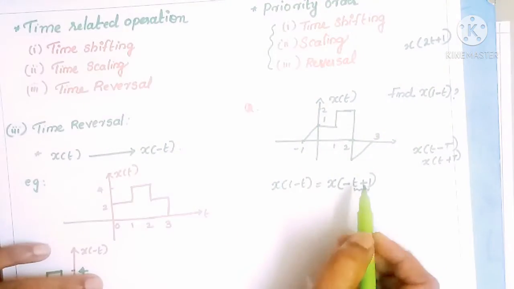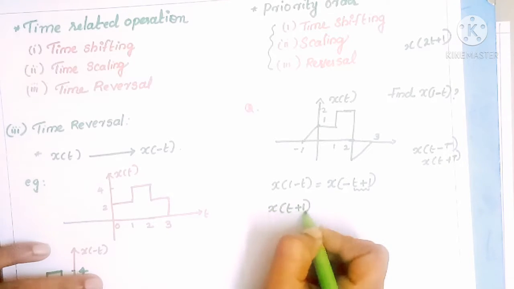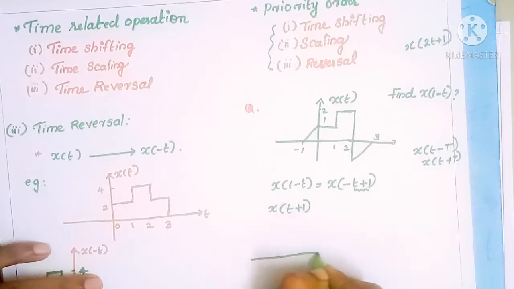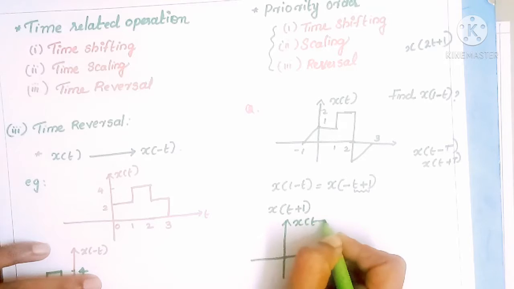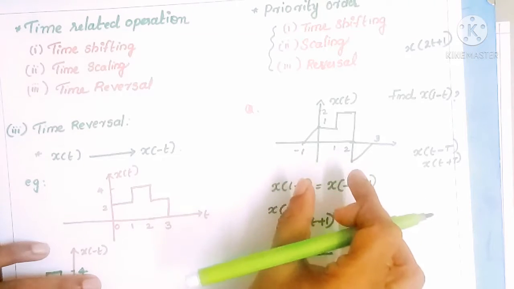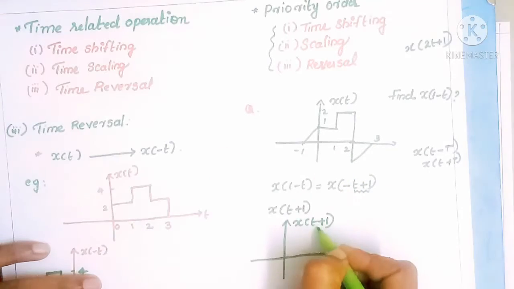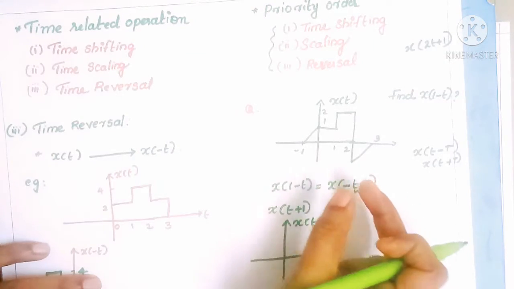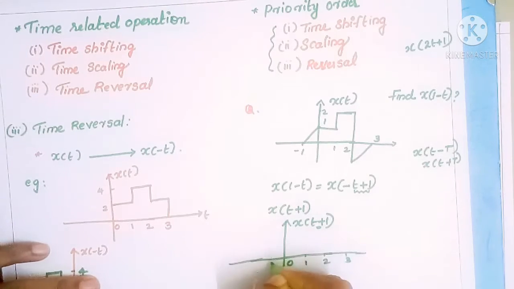So we can draw the time shifting. Time shifting means this is x of t plus 1. So we need to draw x of t plus 1 first. What does x of t plus 1 mean? That means we need to shift our input signal one position to the left side, because here it is plus. So we can draw like this: 0, 1, 2, 3, here also minus 1, here also minus 2.